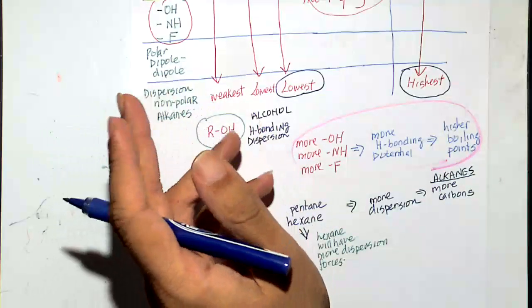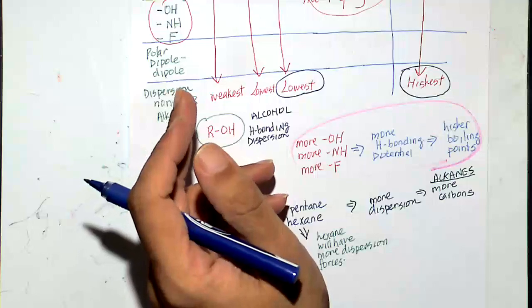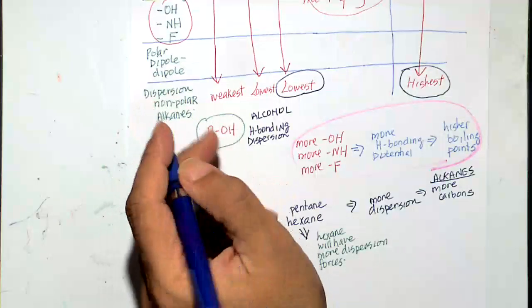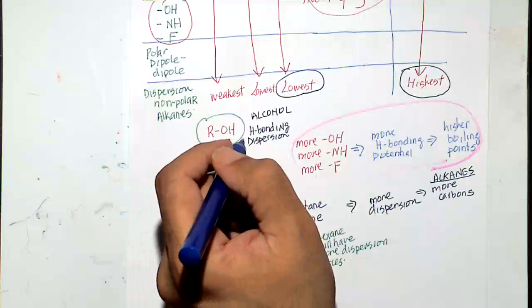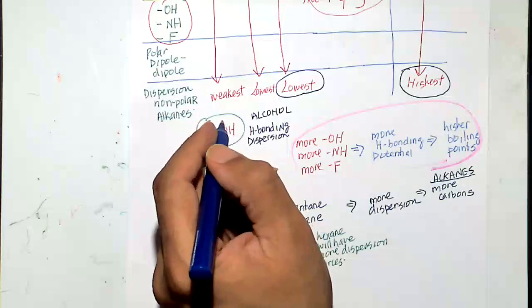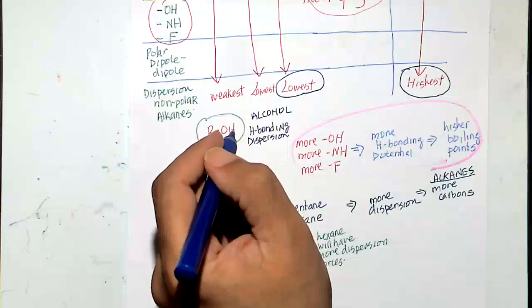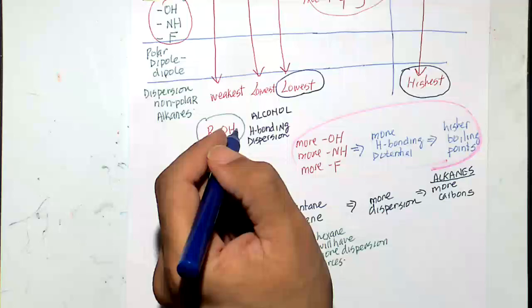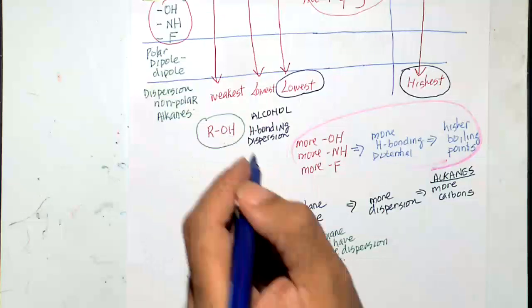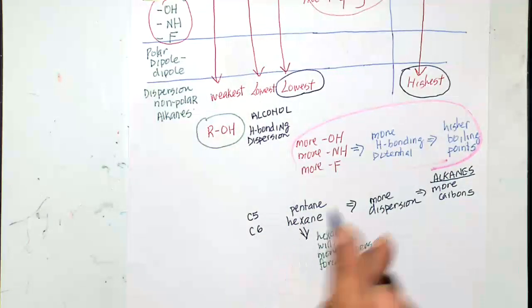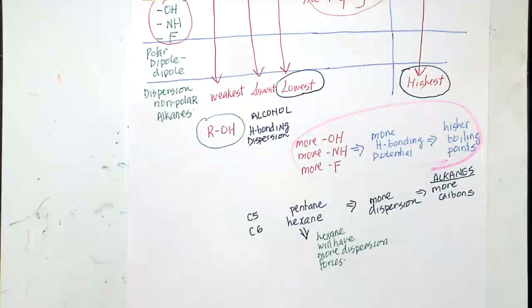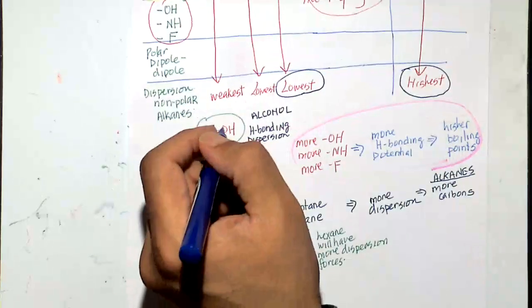Okay, I do not know if I mentioned this. All molecules will have dispersion, but what's the main intermolecular force for the alcohols? Hydrogen bonding. Everything has dispersion, because remember, what did we mention about dispersion? The key point is that it's very transient and fleeting. Everybody has dispersion. It's just that for the nonpolar molecules, the driving intermolecular force is dispersion.